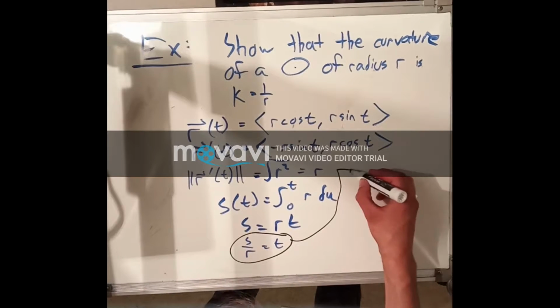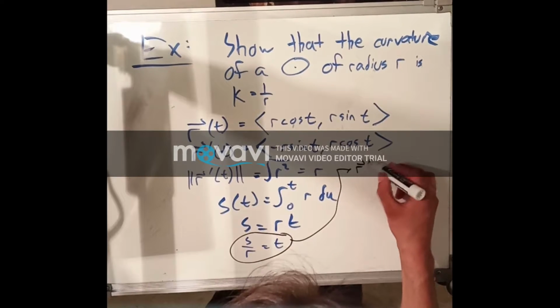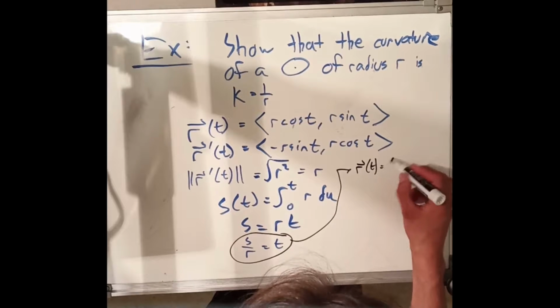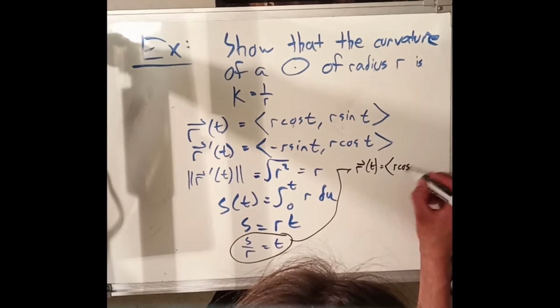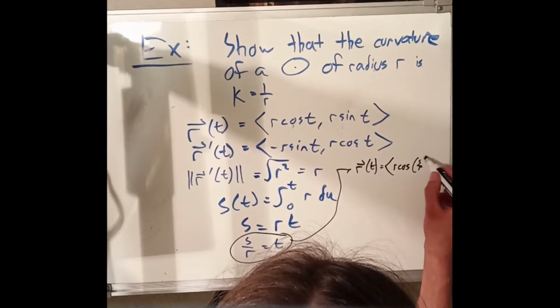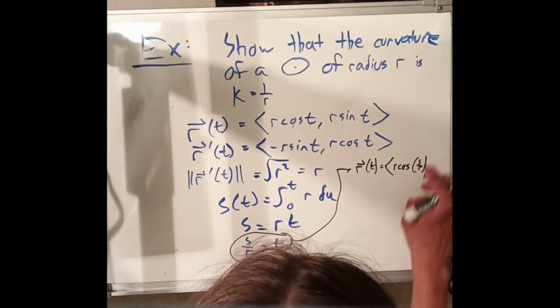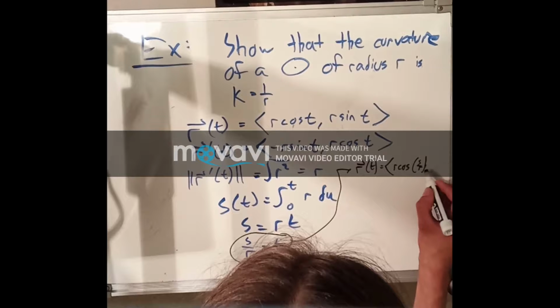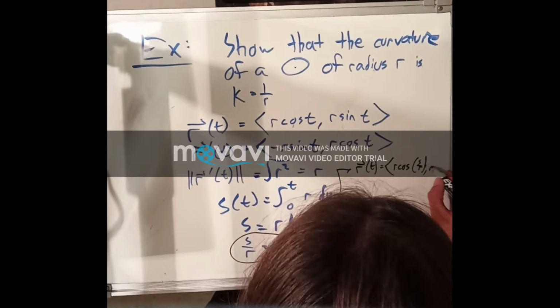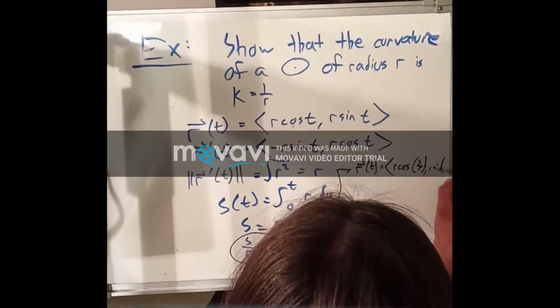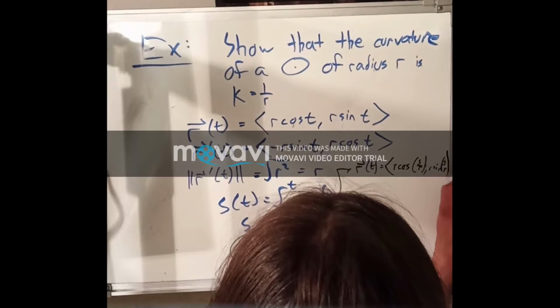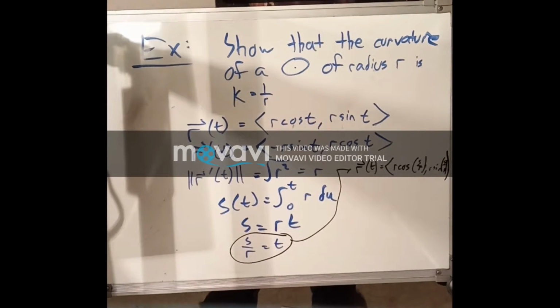So r in terms of s is now given by r cosine of s over r for the i component, and the j component is given by r sine of s over r.